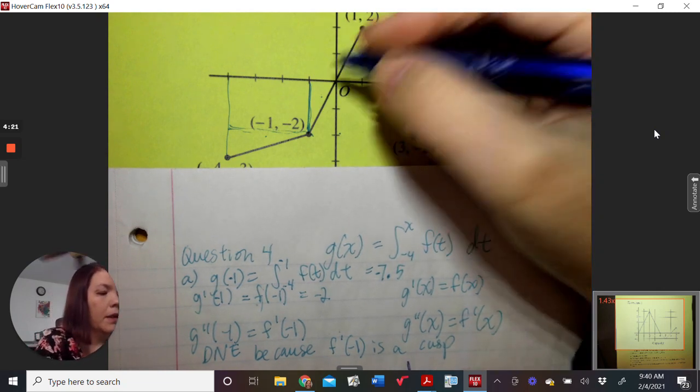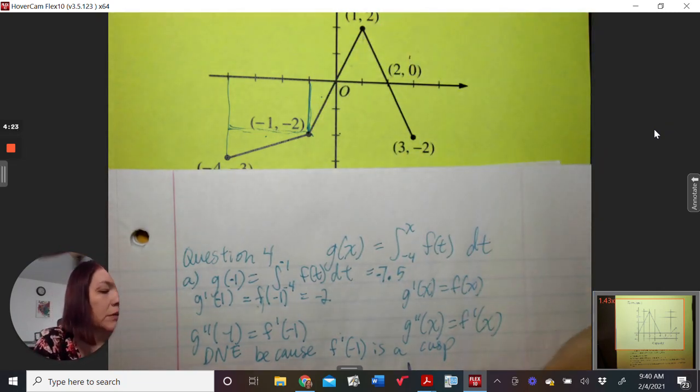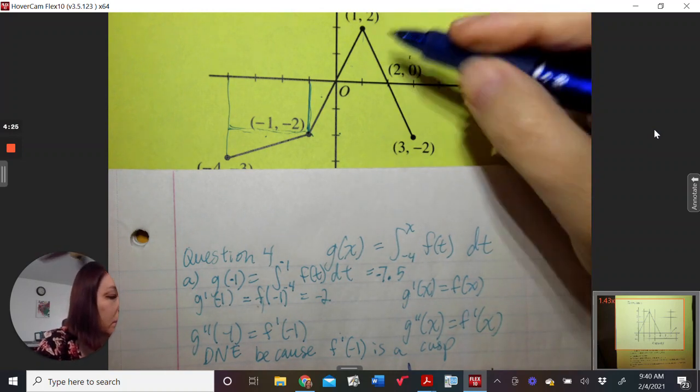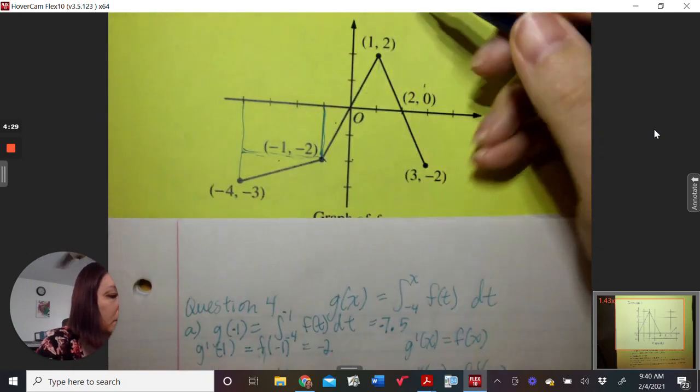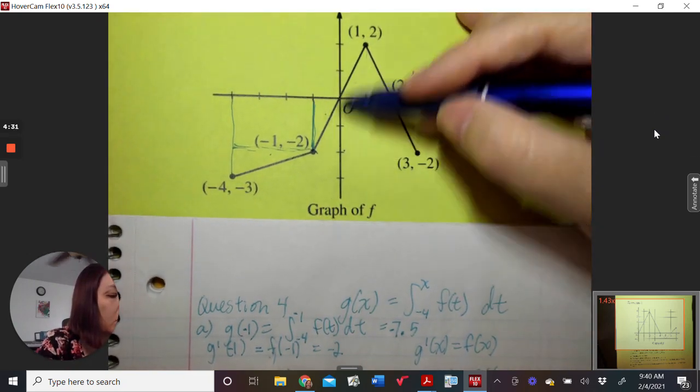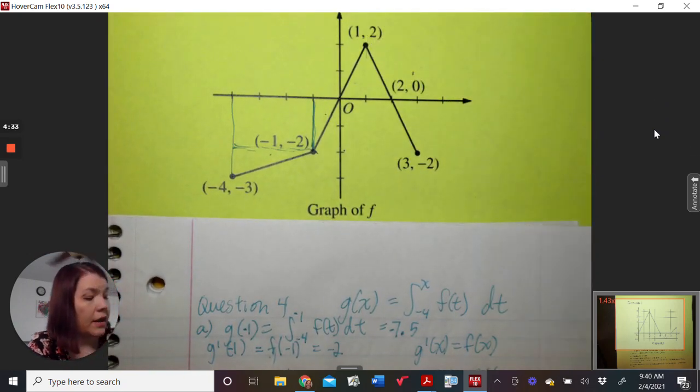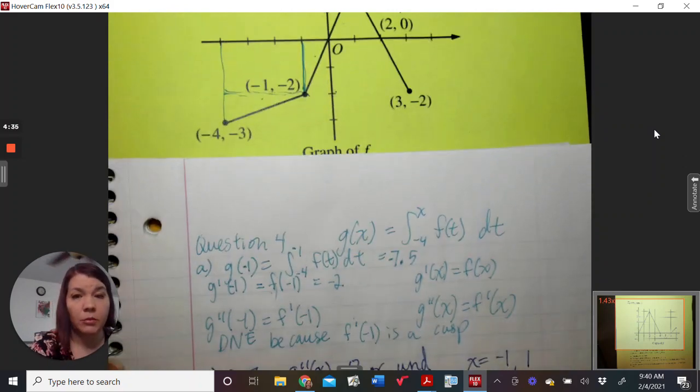So undefined at x equals -1, as we just found. Slope is never 0. Also undefined at 1. So those are the possible points of inflection.